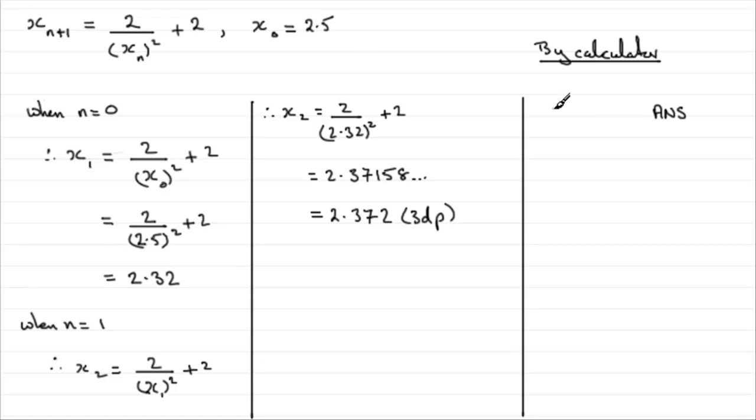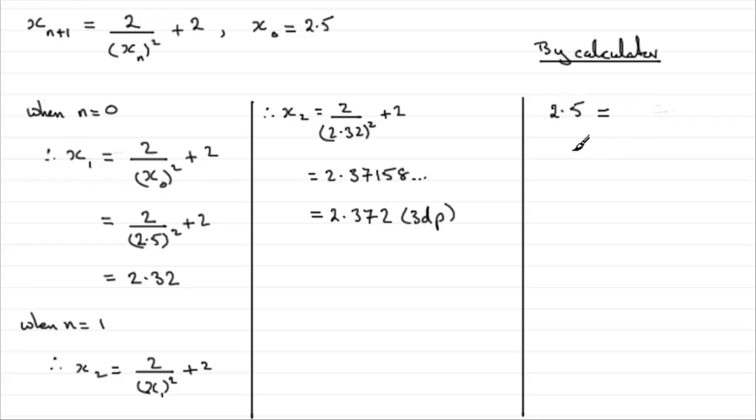So just enter 2.5 on your calculator and then press the equals button. Now that means that the answer at the moment in your calculator is 2.5.